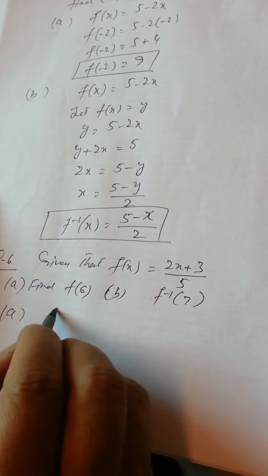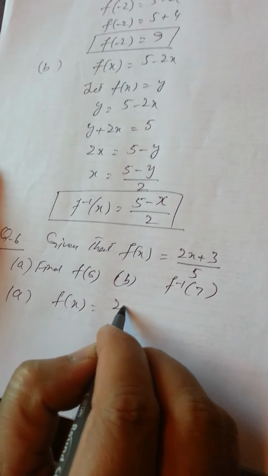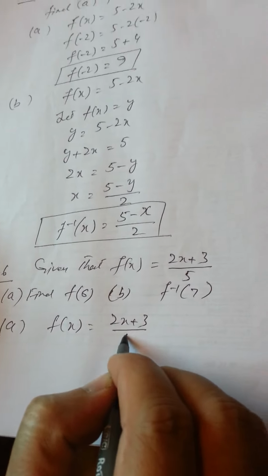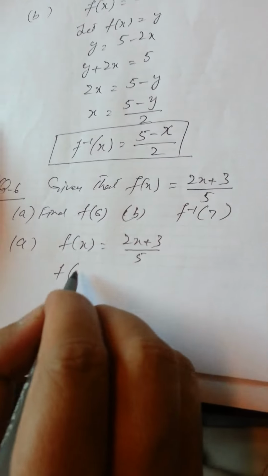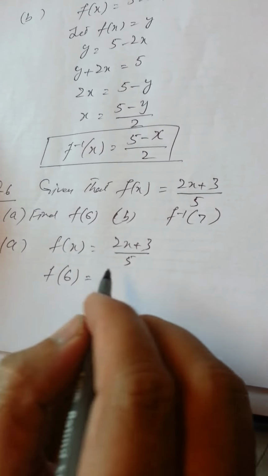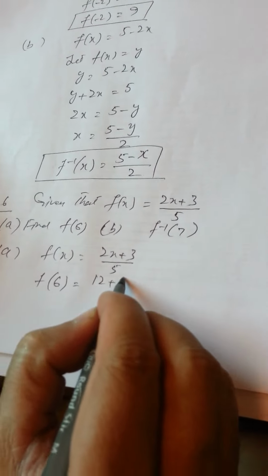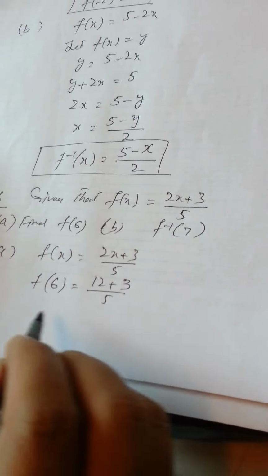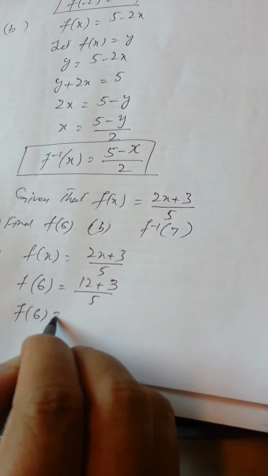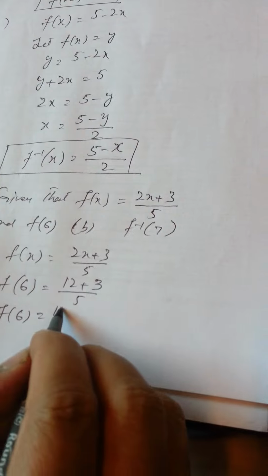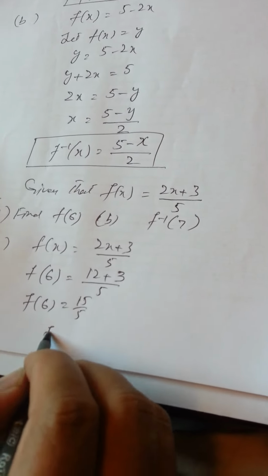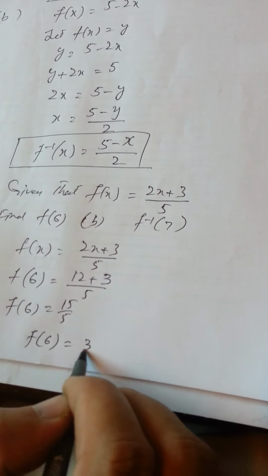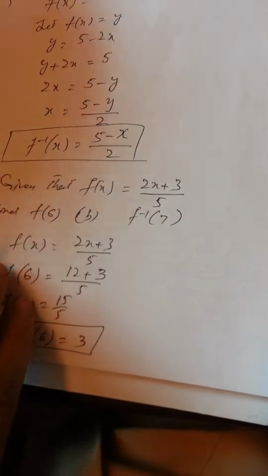For part A, take the given function which is like this. Now replace x with 6. It will be (12 plus 3) upon 5. F of 6 is equal to 15 upon 5. F of 6 is equal to 3.